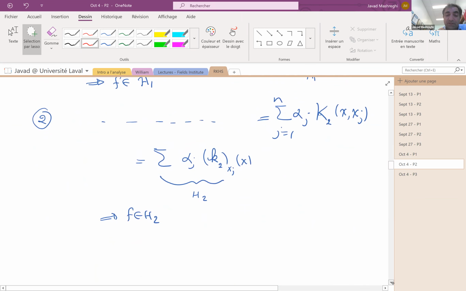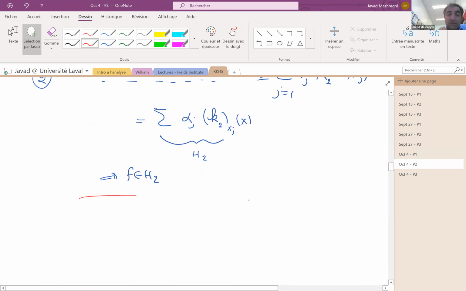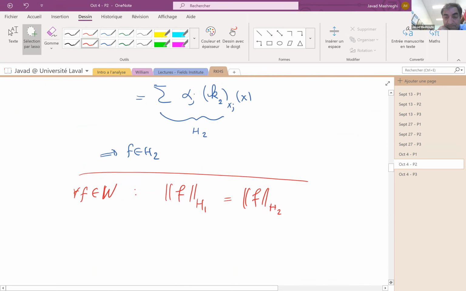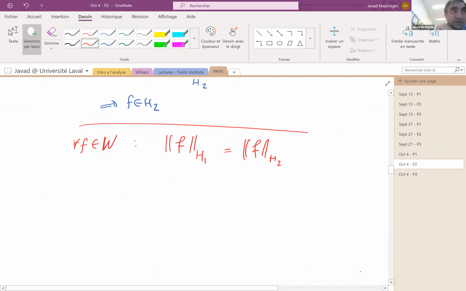But now I can say a bit more. I want to say that the norm of f in H1 is equal to the norm of f in H2. It's an isometry. The identity map is an isometry.